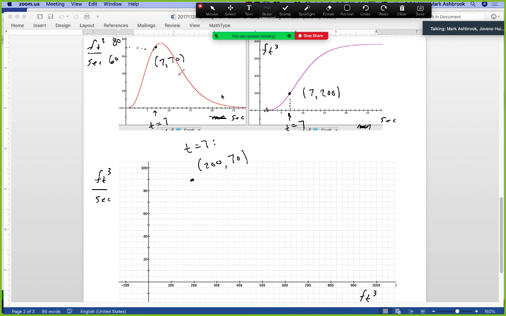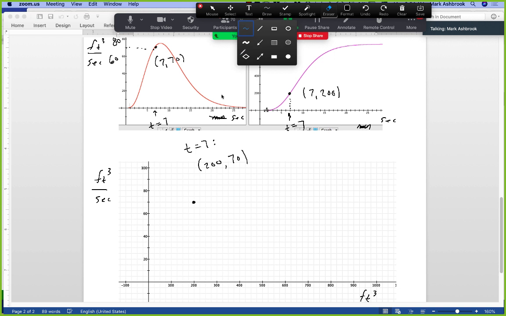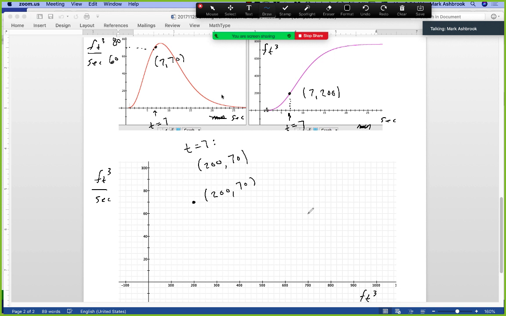But in the lower graph, you graphed it at 90. Oh, I see. Is it right here? Yeah, that's it. I believe so. Thank you. Thanks for speaking up. Okay, so 270. Does the idea make sense?